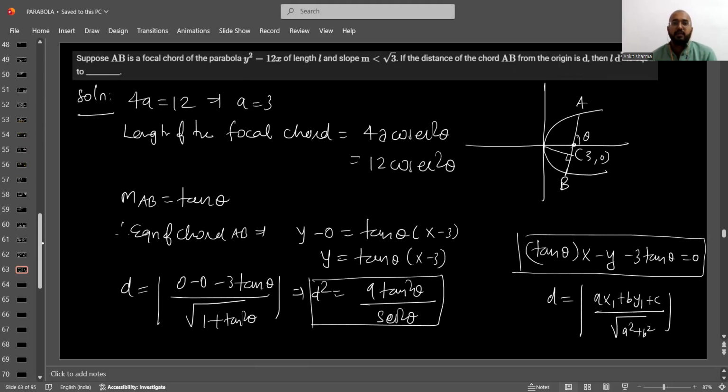Now L into D square turns out to be 12 cosec square theta into 9 tan square theta over sec square theta, which can be written as tan square into cos square. Now tan square into cos square will be sine square, and this sine square into cosec square will get cancelled, and I get 12 into 9 is equal to 108. So the answer would be 108.